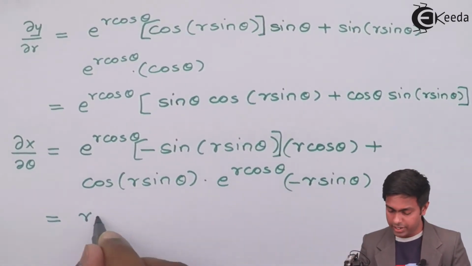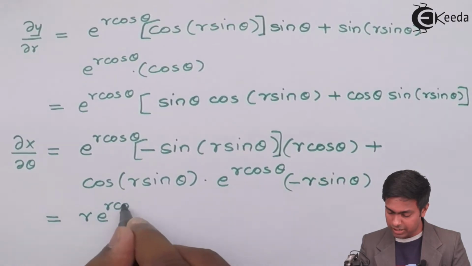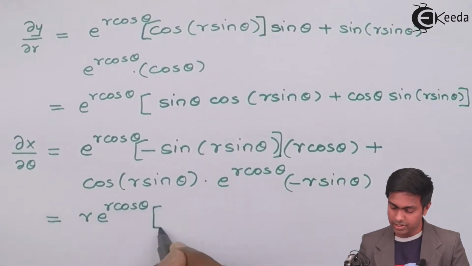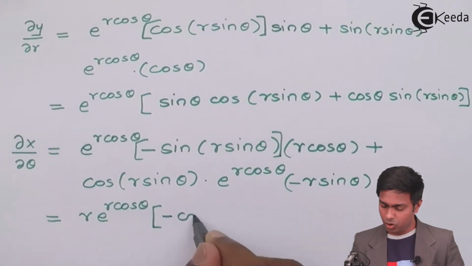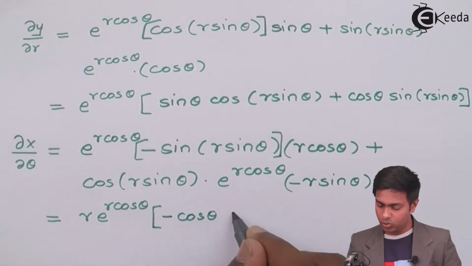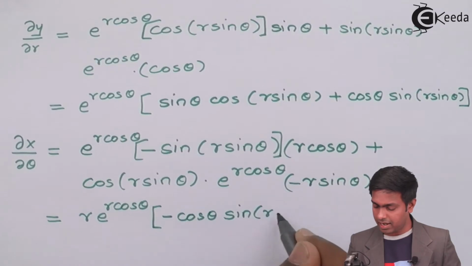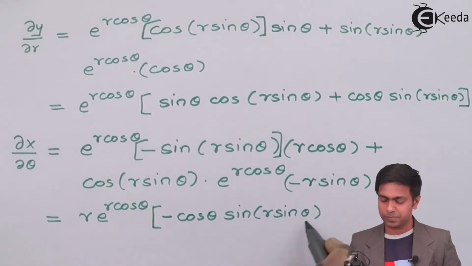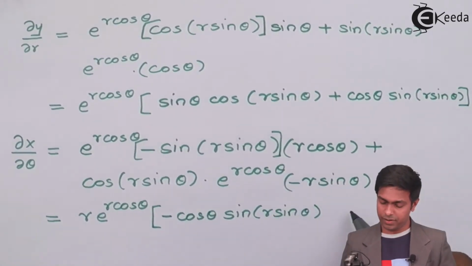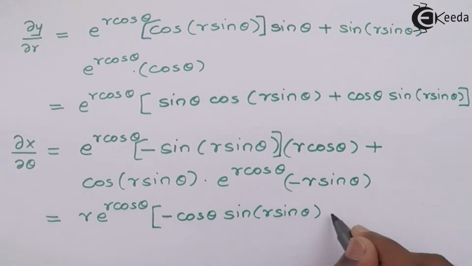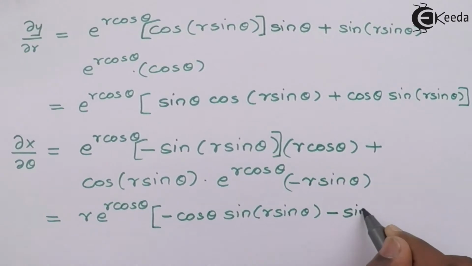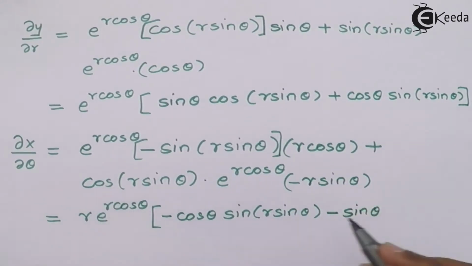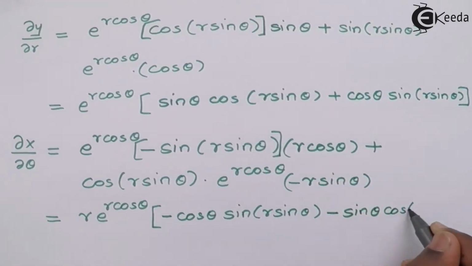So r outside, e to the power r cos theta outside. In the bracket, from here we will get negative cos theta into sin of r sin theta, and from here we will get negative sin theta and cos of r sin theta.